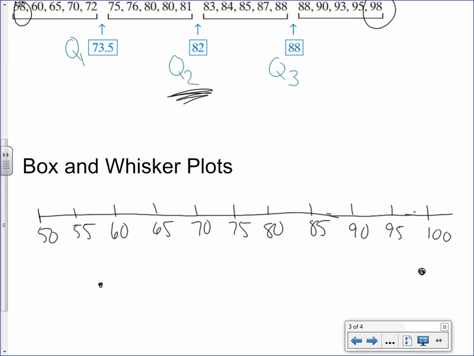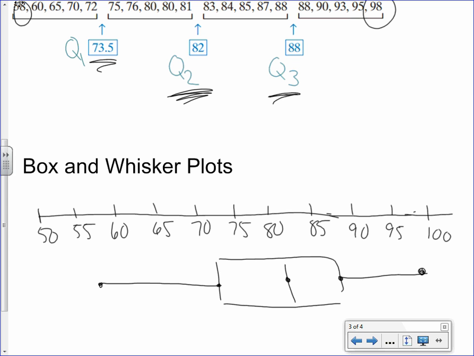Here's my median, 82. That goes like right here. 88, that's like right here. And 73.5, I'll put that right here. And here's your box and whisker plot. So here's my box. Here are my whiskers. Boom, baby. Okay, so that's that right there.